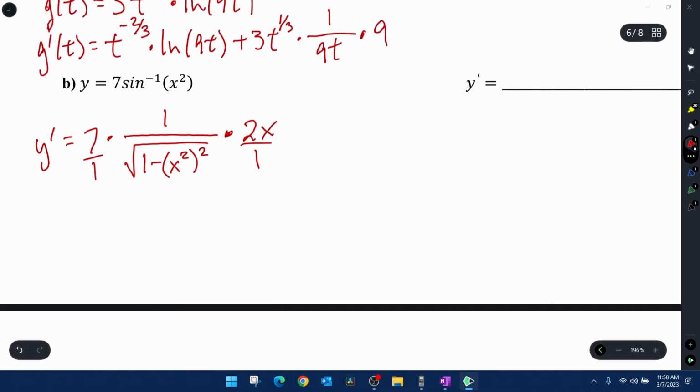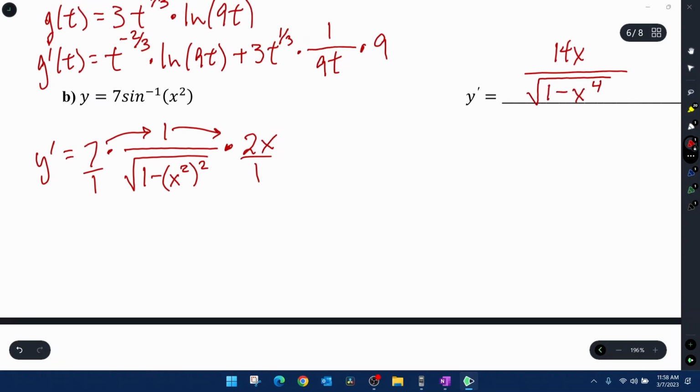In the numerator, 7 times 1 times 2x, so 14x. In the denominator, square root of... There it is. There's the derivative of 7 inverse sine of x squared using our formulas for the inverse trig functions.